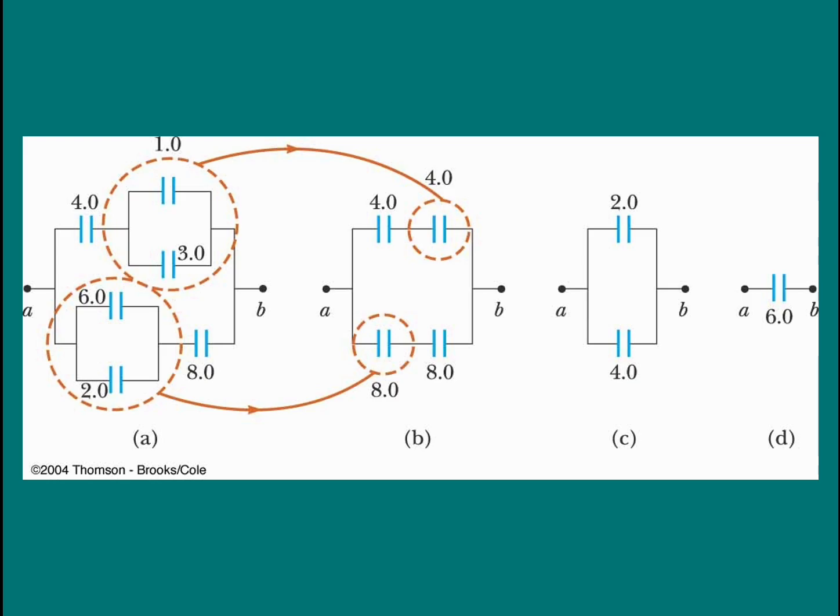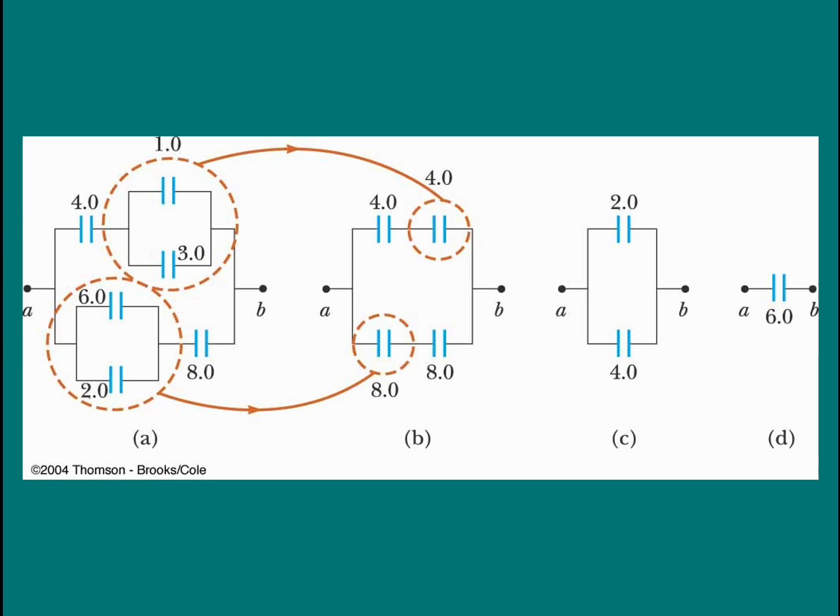We find the equivalent capacitance of a 6 Farad capacitor and a 2 Farad capacitor in parallel gives us capacitance 8. Then we find a 4 Farad capacitor and a 4 Farad capacitor in series has equivalent capacitance 2.